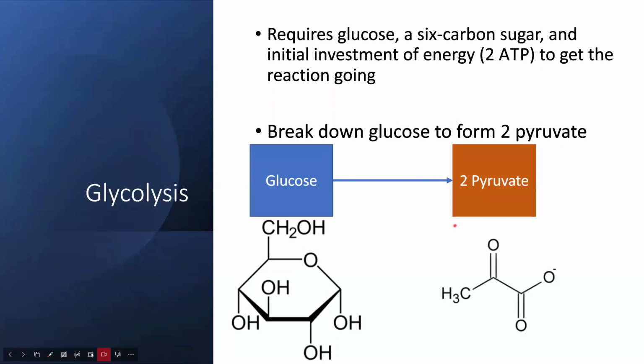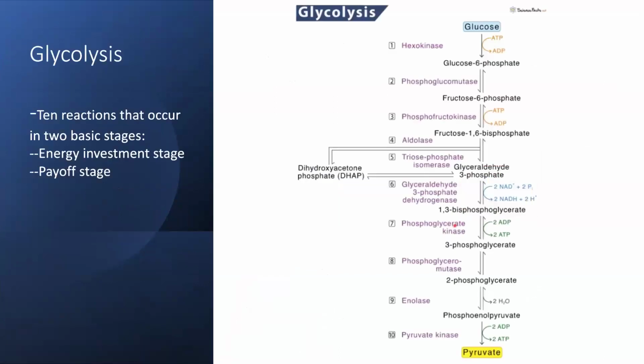So this is what the pathway looks like. There are 10 reactions and 2 basic stages: the energy investment stage and the payoff stage. The energy investment stage is from here up, and the payoff stage is from here down. You can see the investment here: ATP to ADP.